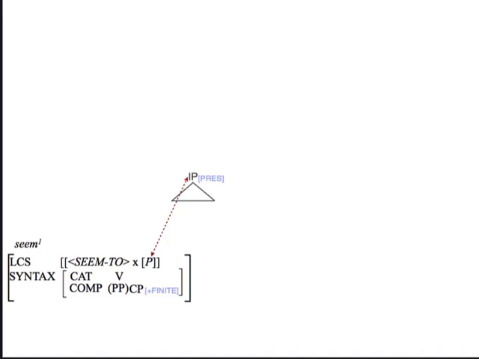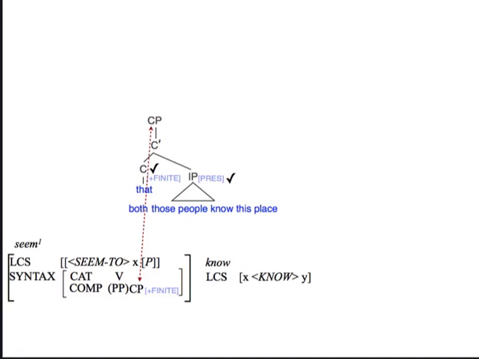And this lexical entry would have everything the same. Oh wait, that's seem one, right? Let's see what I'm doing here. Okay, so here's the one where we've got the CP, the finite and present tenseness of it is checked because we've got a CP with an IP that is in present tense. We've got "seem" here.